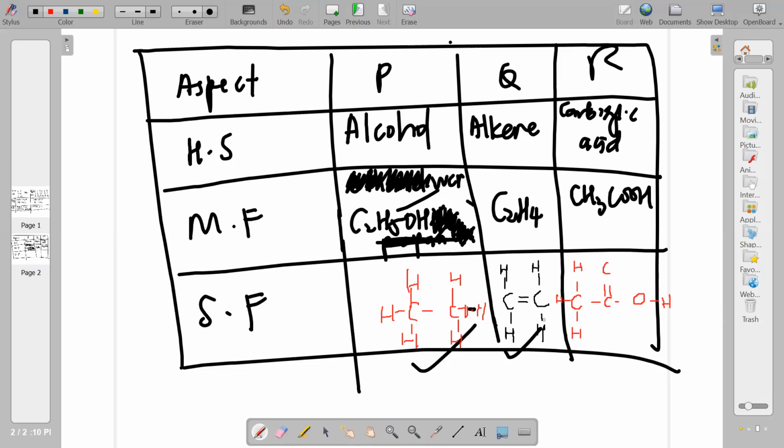Barbie, is that your answer? Yes, sir. What's the name, Barbie, of this? Ethanoic acid. Ethanoic acid, yeah. Can I know what is this above the C here? C double bond.